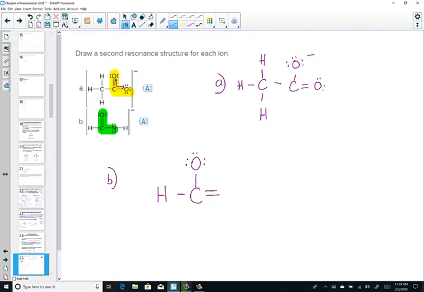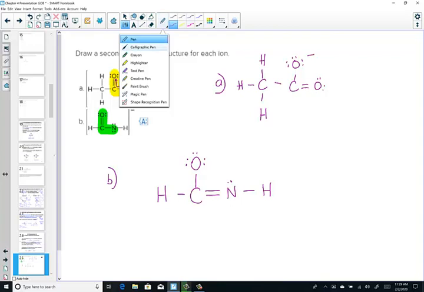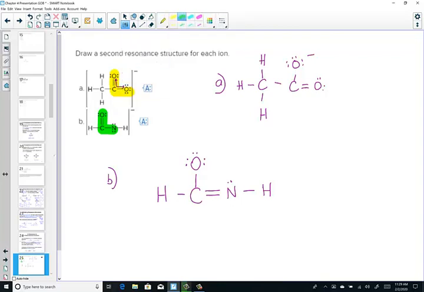And then the double bond could be delocalized between the nitrogen and the carbon. So another valid resonance structure is to distribute the double bond in the opposite direction from the carbon.